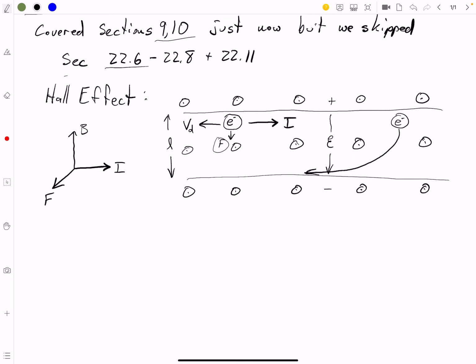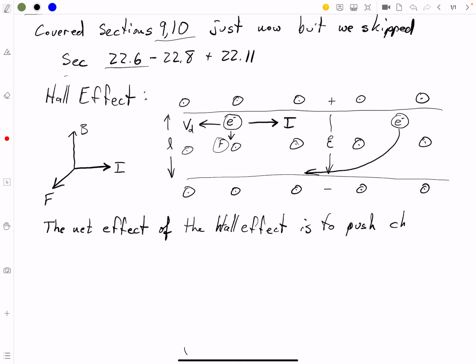Let's just write it out. The net effect of the Hall effect is to push charges to one side of the conductor.